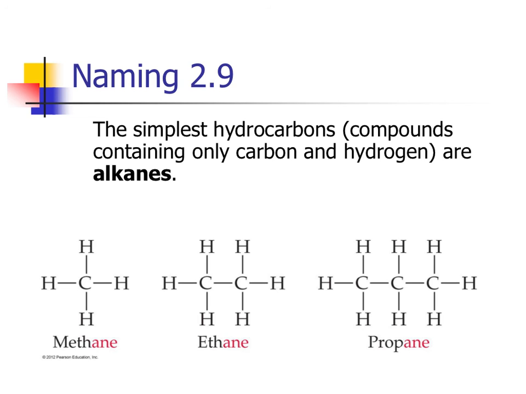Methane, natural gas, is very common. Propane, also very common. So being able to recognize that you have this carbon-based compound with only hydrogen is extremely important. And that's going to help you out in some of the later naming packets.